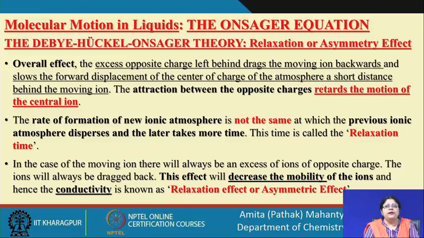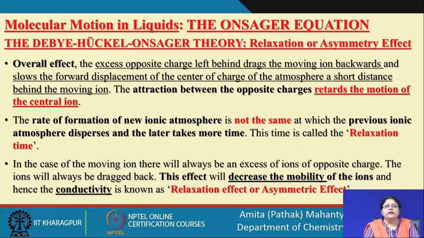So, the whole effect we see is because of the asymmetry of the ionic atmosphere, or because of the different relaxation times of the ionic atmosphere which is formed and the one which is getting dispersed and left behind. The formation of the new ionic atmosphere and the disappearance of the previous ionic atmosphere do not match.